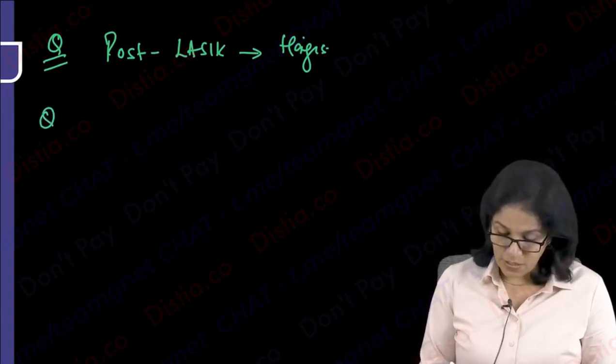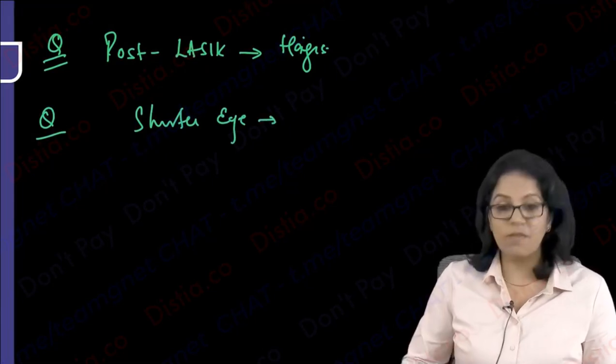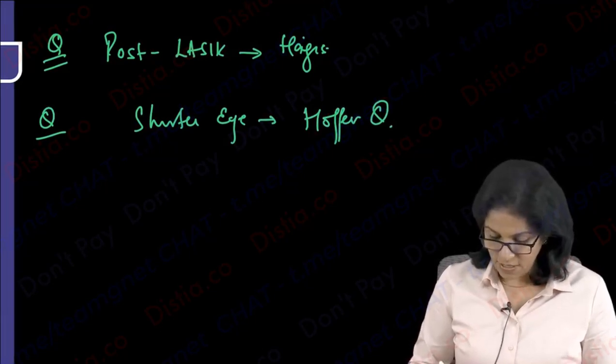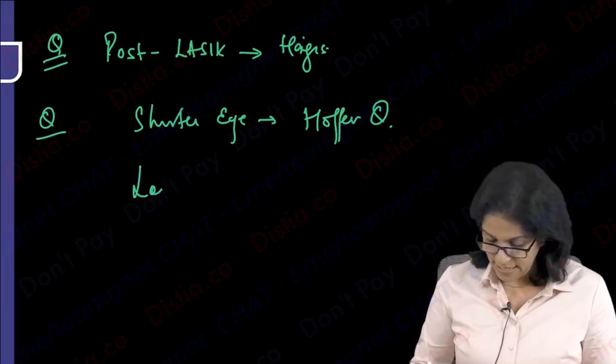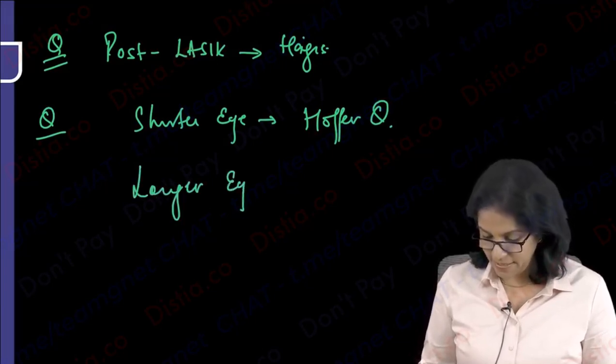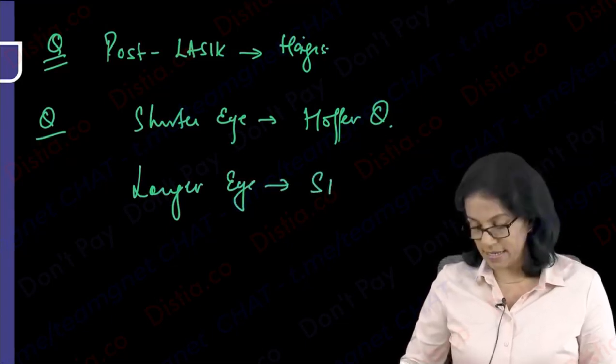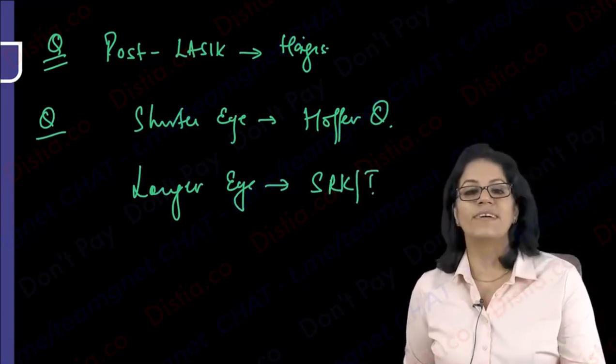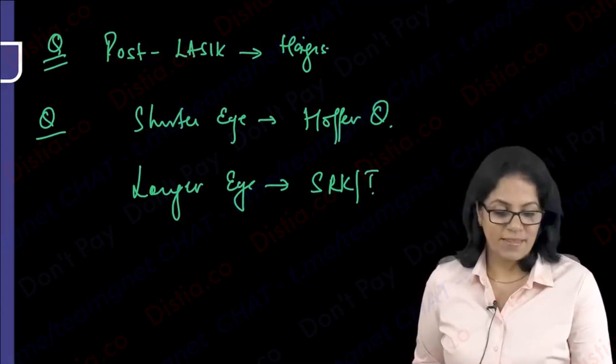Okay. Second question, if it is a shorter eye, what formula you want to use? The best one will be Hoffer Q. And for the longer eye, we will answer SRK/T is the best one. For longer eye, SRK/T is the best one. So this information is something you have to learn, right?